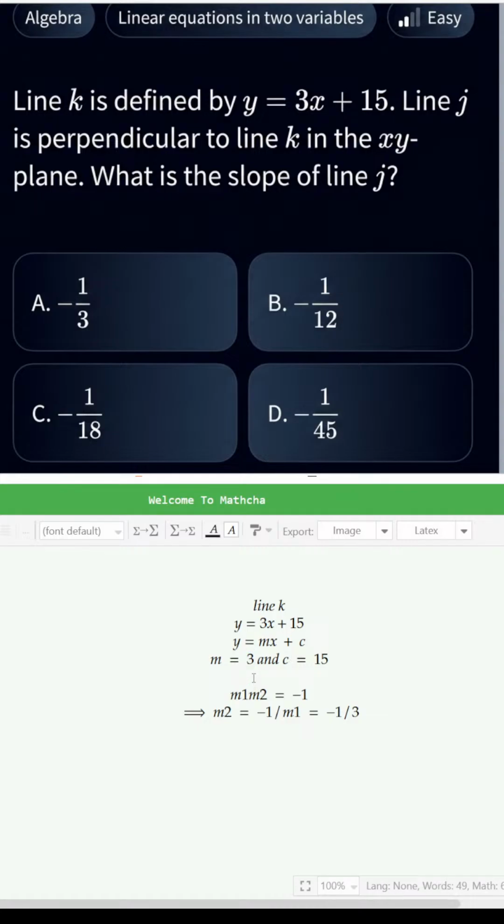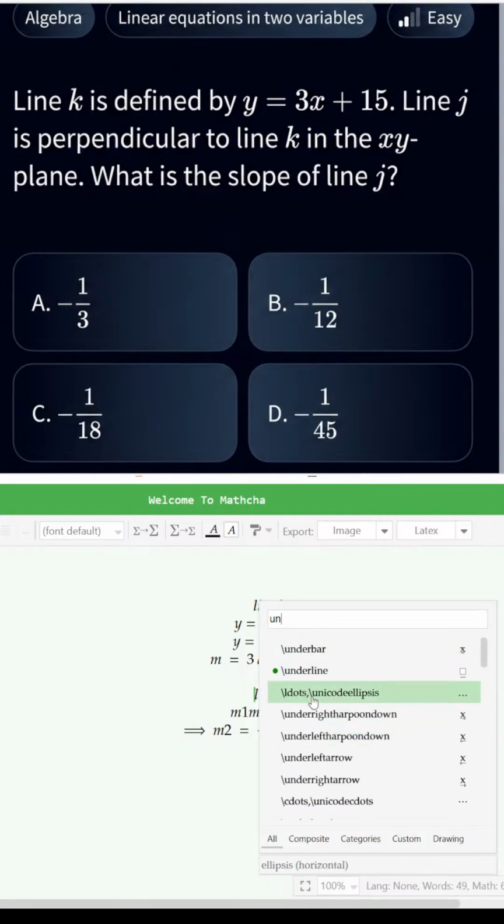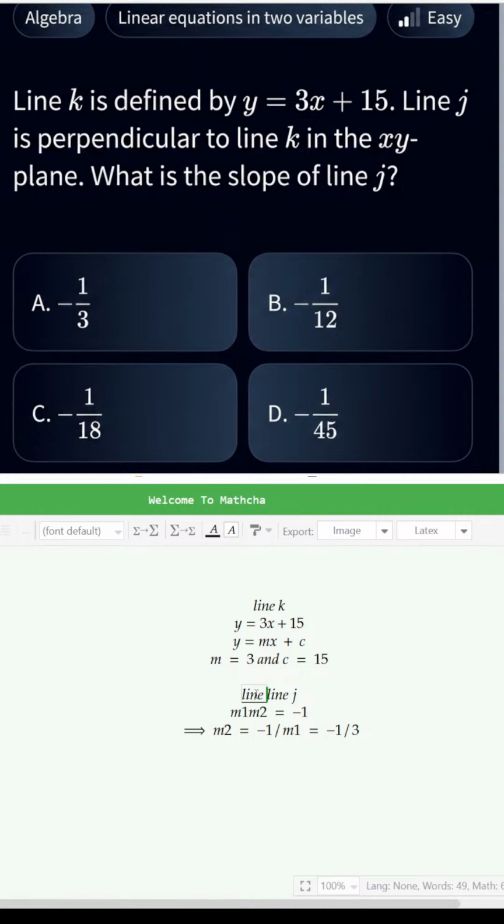So for line J we'll have minus 1 by 3. So here the answer will be option A, that is minus 1 by 3.